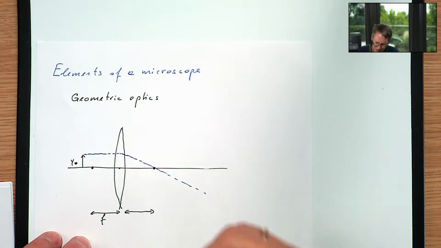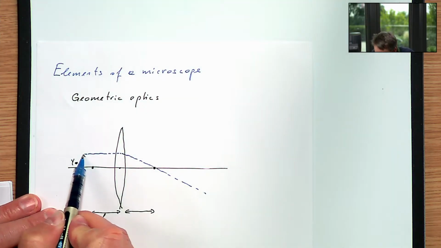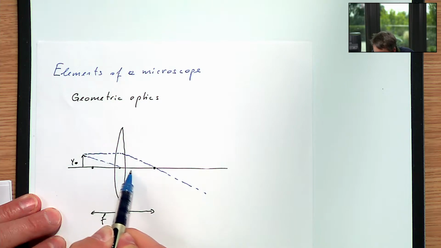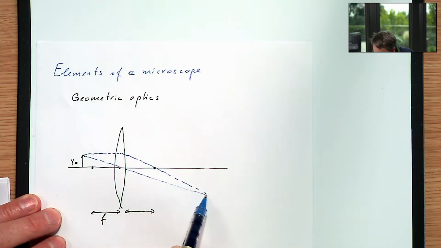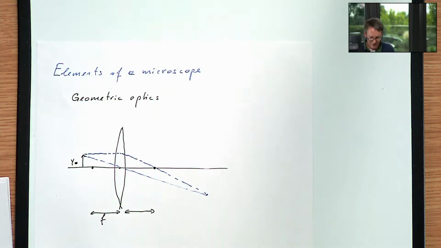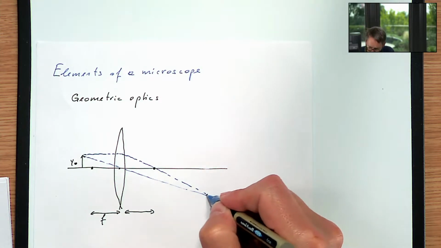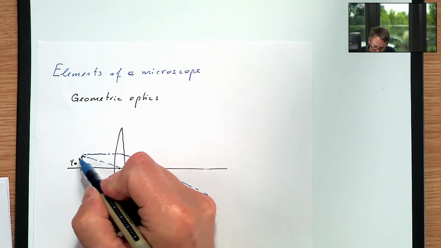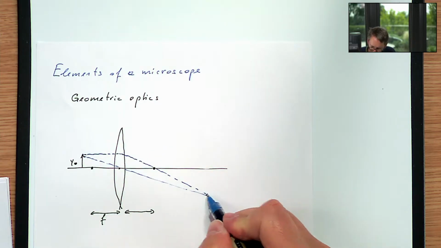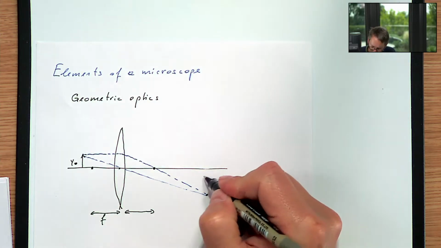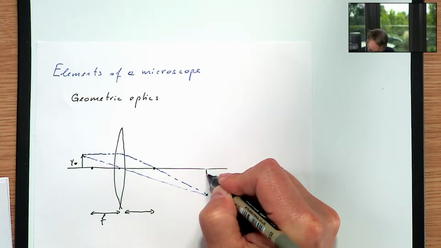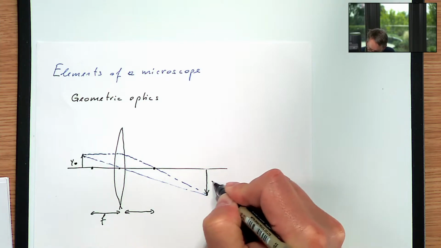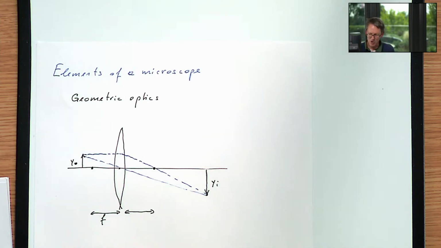And the next ray we can draw is the so-called central ray. So let me just try and do that. So here is the central ray, and where these two cross, you get the image formed from that object. So now we have the image.